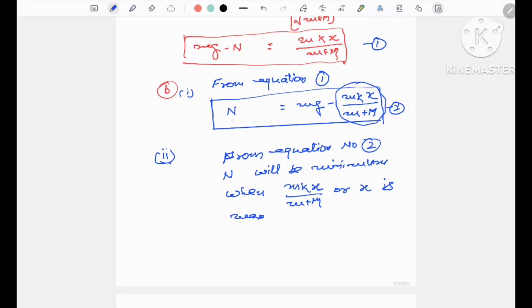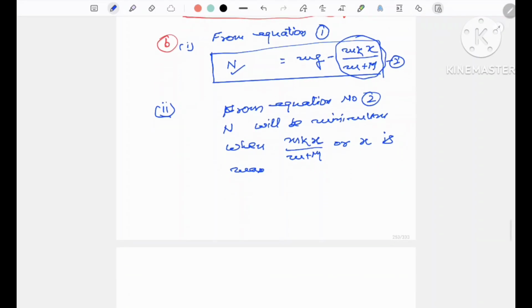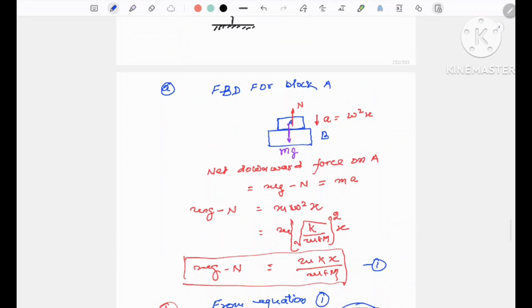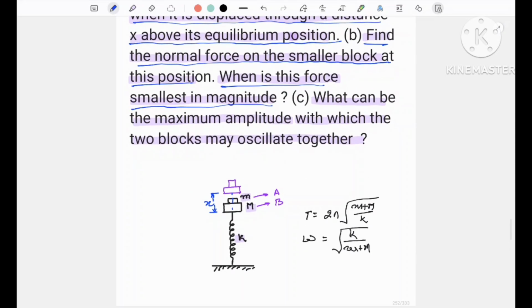When this part is maximum, N will be minimum. For this condition, x should be the maximum value, the amplitude A. The value of x must be equal to the amplitude. At maximum distance from here, at amplitude, the normal force will be minimum.